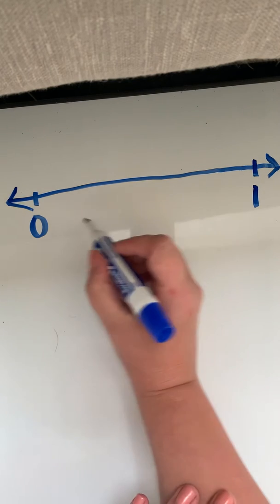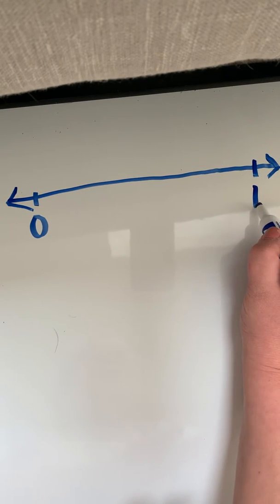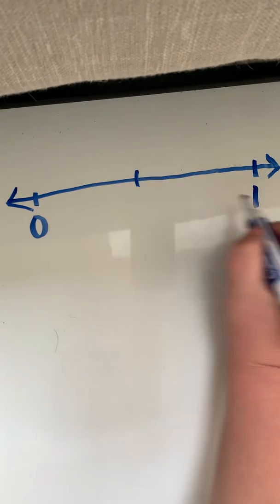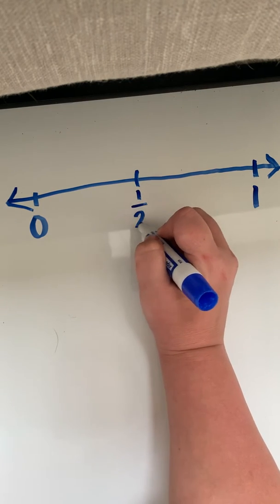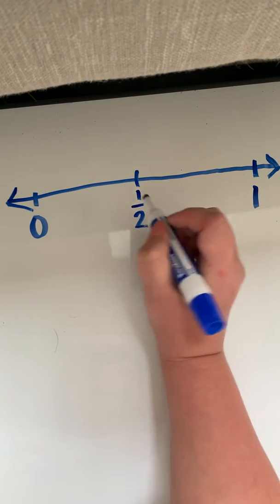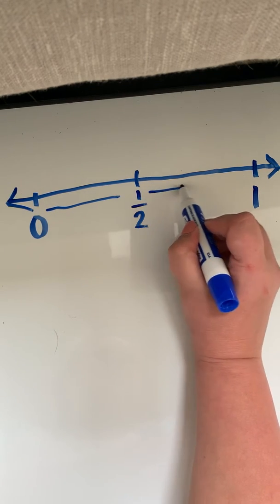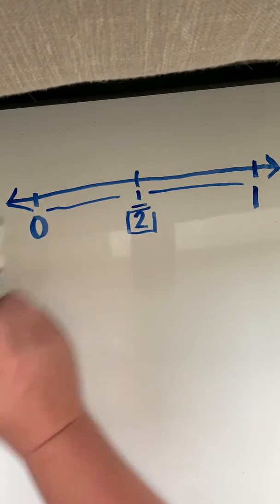Now, I am going to say that half of 1 is 1/2, so I'm going to come halfway in between these two numbers, and I am going to write 1/2, because look, I have 2 parts. That's where this 2 in the denominator comes from, okay?